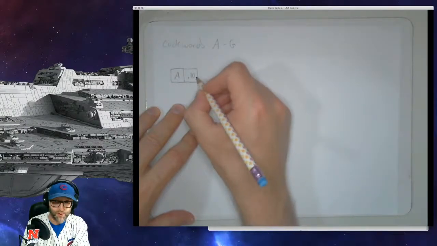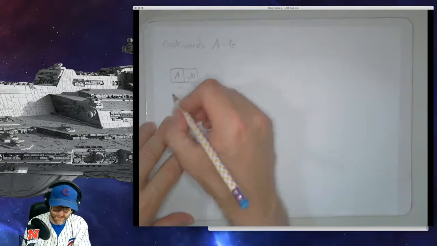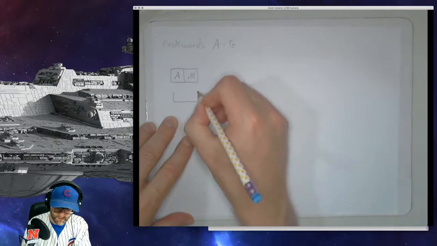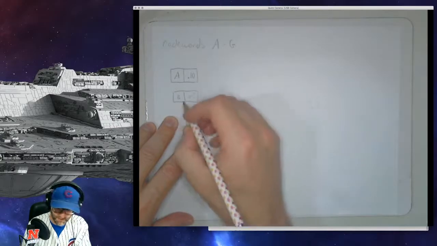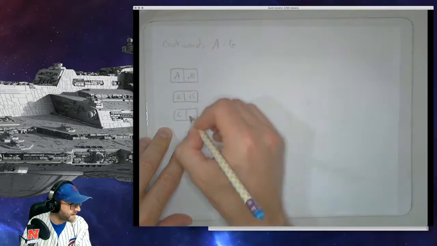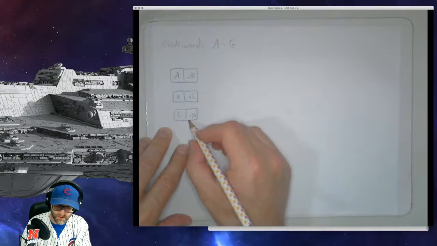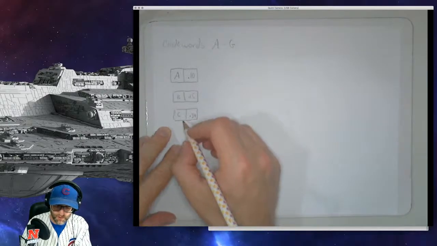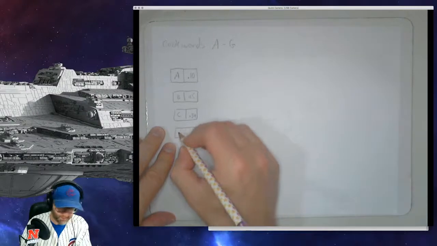In other words, 10%. 10% of the characters in our file are A's. This is another single node tree here, B, and suppose that it has 15%. C, suppose that it has 34%. So 34% of all, this is going to end up being the most common character. 34% of all letters in our file are going to be C's.